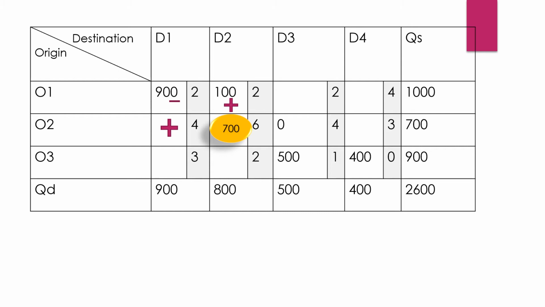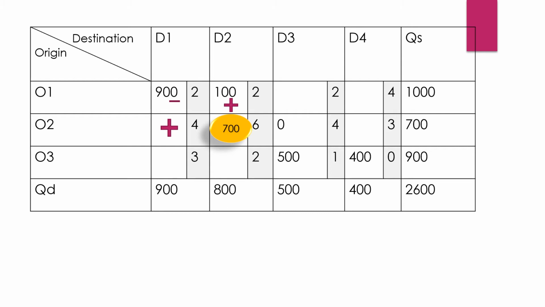Then the quantity won't be equalized in the D2 column. Therefore, we have to add another quantity to the O1 D2 cell, to balance the quantity required by the D2 destination.